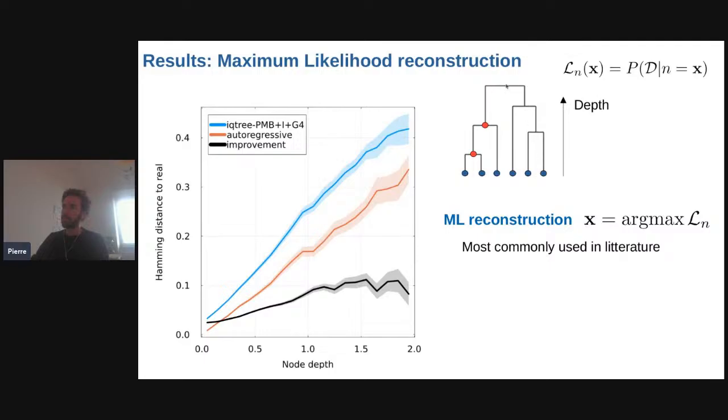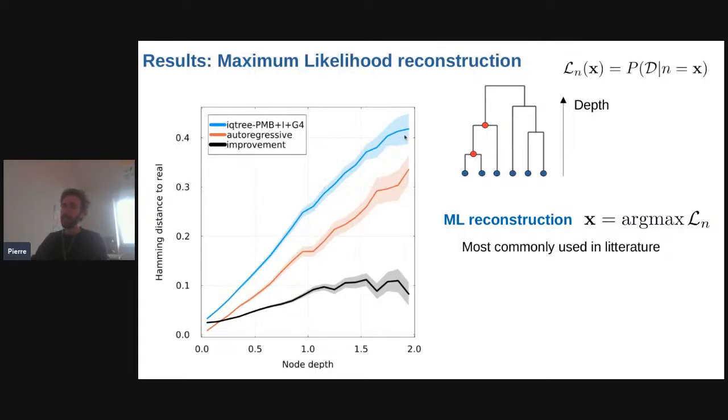The root of the tree is the deepest node, though it's not actually shown here because it's not very well defined as a node. Nodes closer to the root are more on the right, further away from the leaves. On the y-axis, we have the normalized Hamming distance between the reconstructed sequence and the real ancestral sequence.